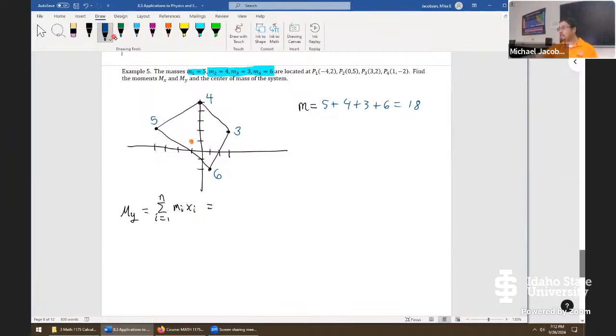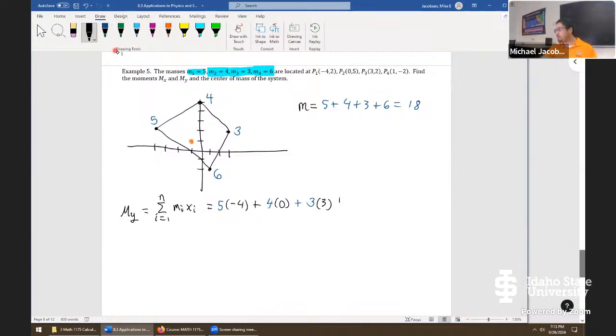We'll take these masses up here, 5, multiplied by the first coordinate, -4 for the first one, and just go down in that pattern. Next mass 4, multiplying by the second coordinate here, 0, plus a mass of 3, multiplied by the third x coordinate, which is 3 as well.